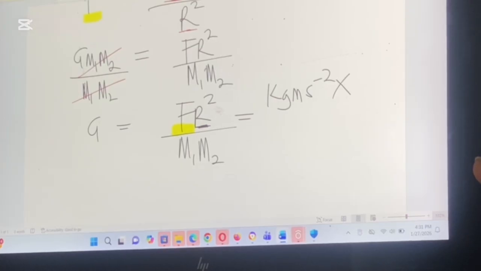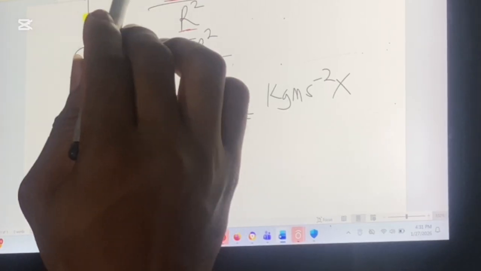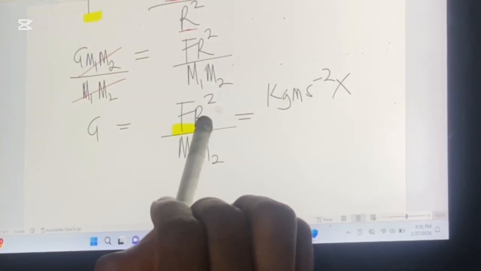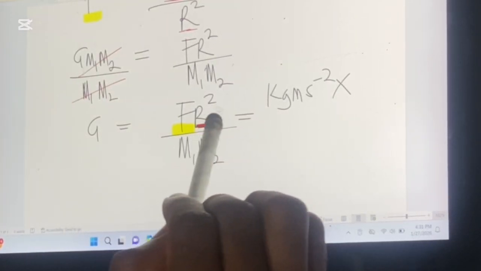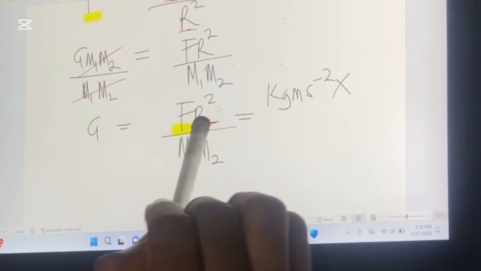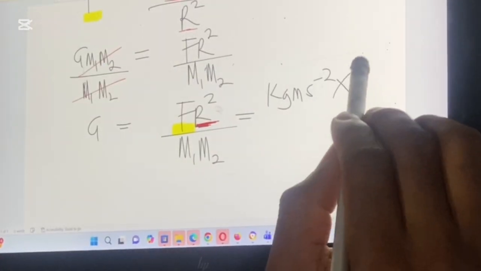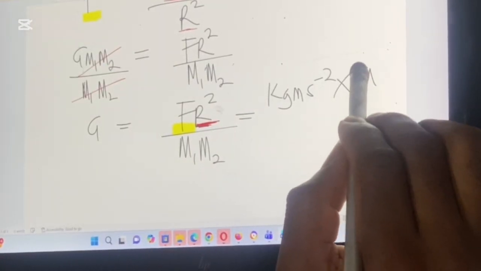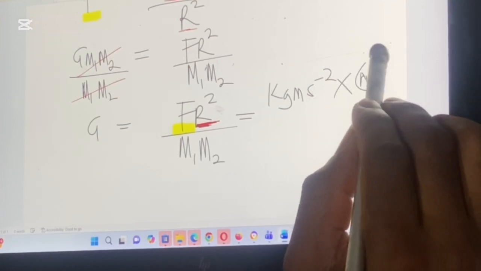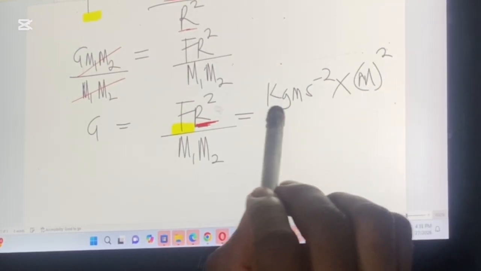So if radius is a circular distance, it can be classified as distance or length. The unit of length is meter. But remember that this particular radius is affected by the square, that is, the power is being affected. So I will write this unit as meter squared.